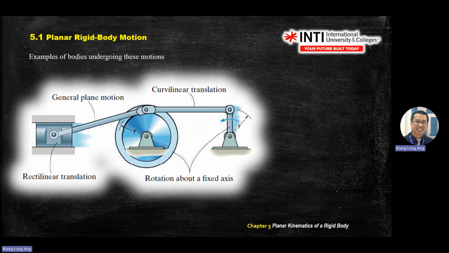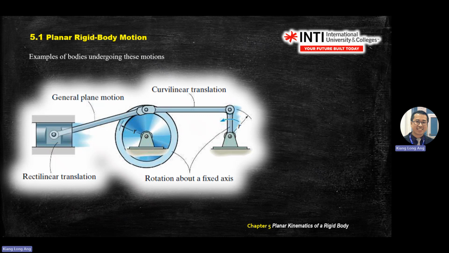So this is a rotation. Then this is curvilinear translation. How do we know this is curvilinear translation? Again, translation does not change orientation. So when this one moves, it still stays the same. So this is curvilinear translation.